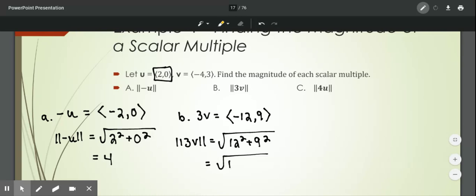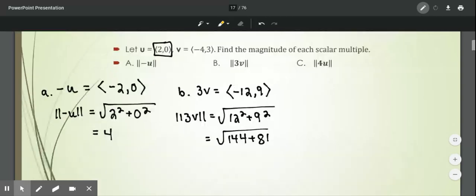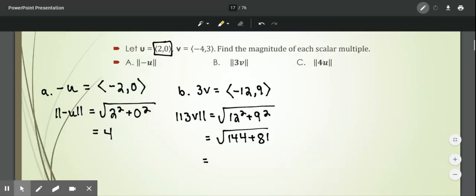So the square root of 144 plus 81, which is the square root of 225. You remember your perfect squares? The square root of 225 is 15.